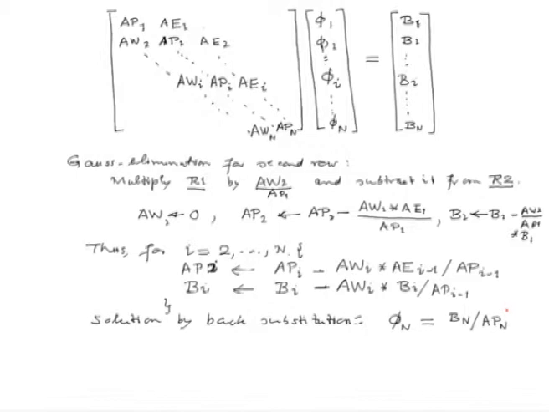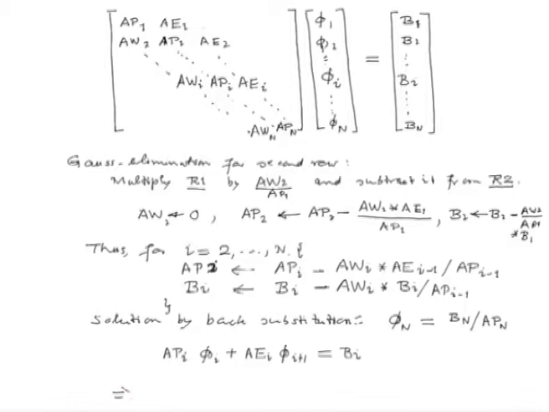And how about the remaining entries? Let us say in the ith row we are left with only entries APi and AEi. So our ith equation is now, with modified coefficients, APi phi i plus AEi phi i plus 1 is equal to Bi.